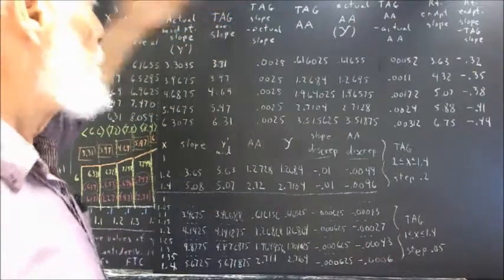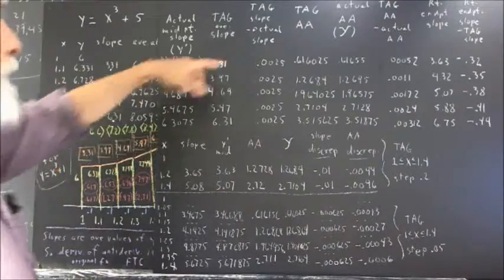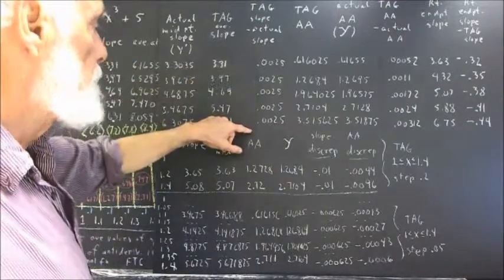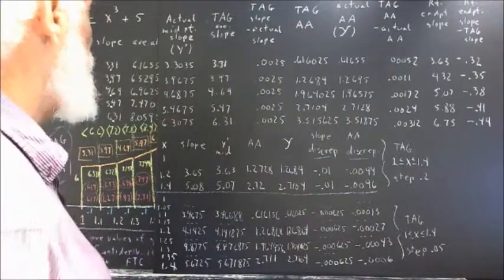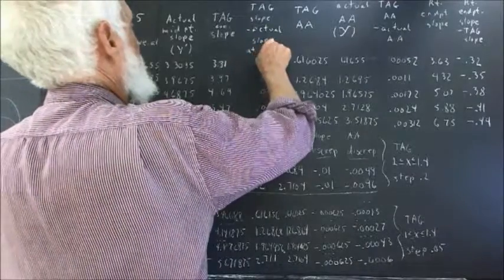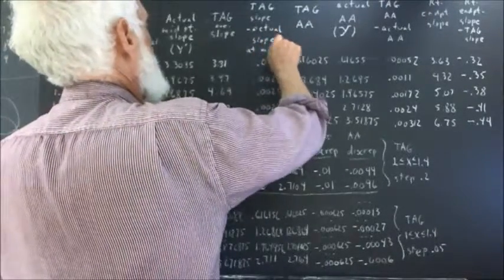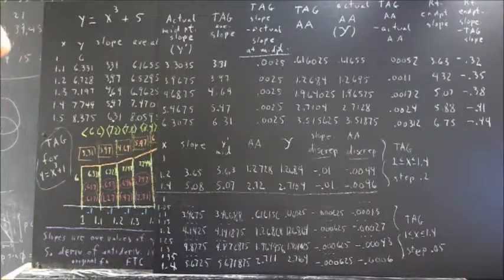Okay, so the point now is that for this graph, the trapezoidal approximation graph slopes are always a little higher than the actual midpoint slopes. Okay, we're not going to go too deep into discussion of why that's true, but we might do a little addendum where we discuss that.